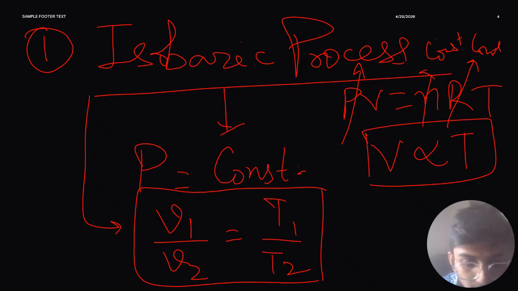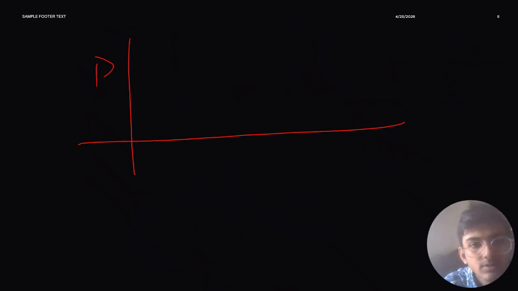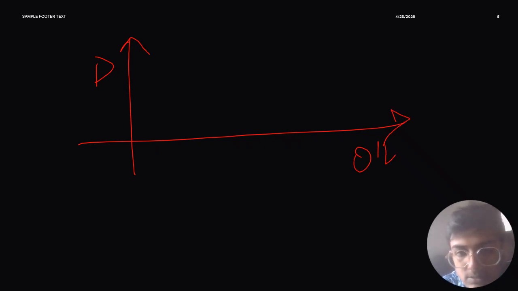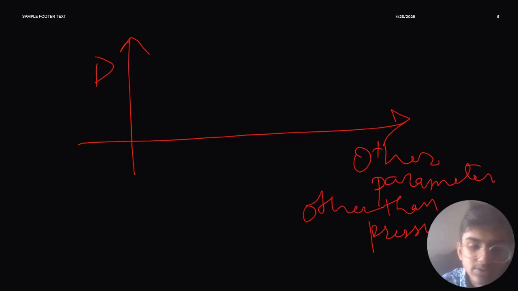If you plot pressure versus any other parameter, it will come as this, because pressure is constant with respect to any other coordinate, whether it is time or number of moles, whatever.